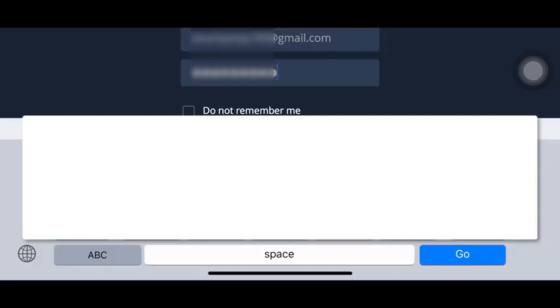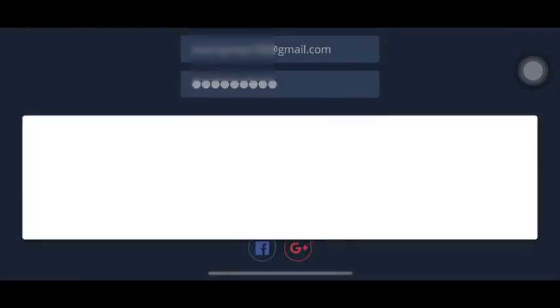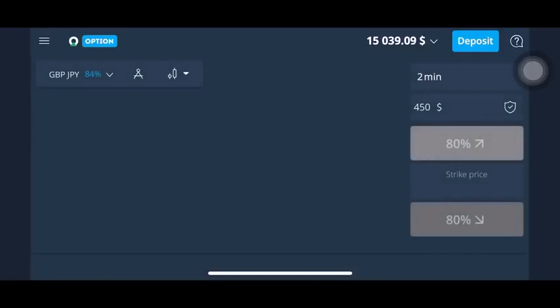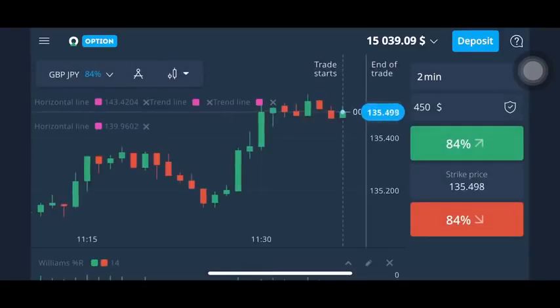And while you are experimenting on the demo account, you can trade live with that $30 deposit and make some money. And when you become a pro, you can use that money to increase your live account balance, earn more and withdraw more.